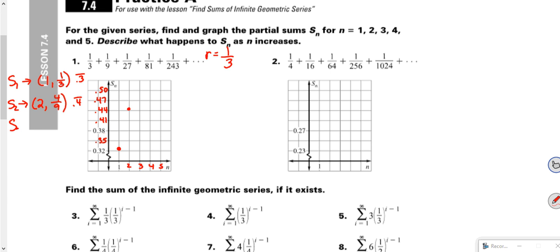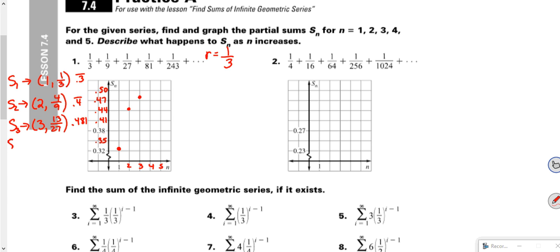S3 would be the sum of the first three terms. So we would go from 4/9, and I just poked these in my calculator, to 13/27, which is 0.481. So 0.481 puts me up here somewhere.